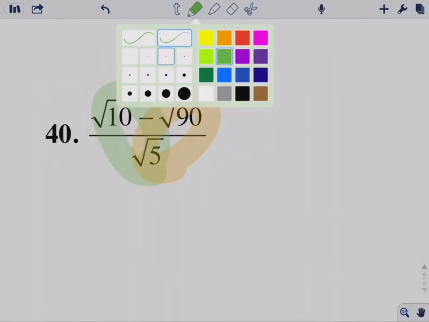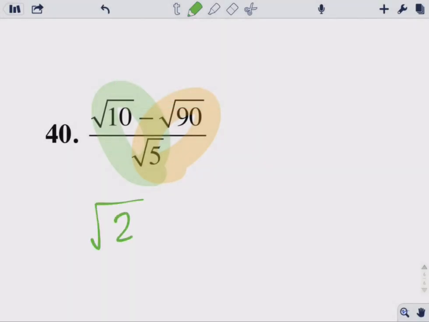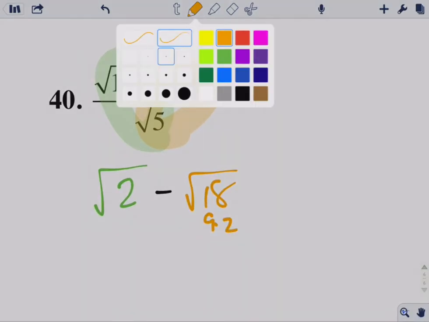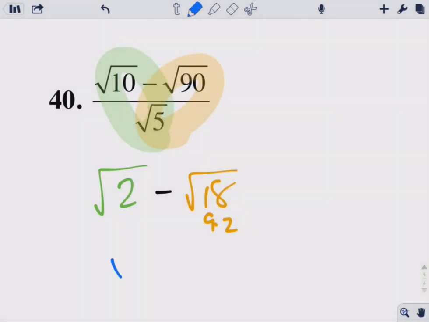And so I get square root of 2 minus 90 divided by 5 is the square root of 18. Well, I can simplify that. That's 9 times 2. So I've got the square root of 2 minus 3 root 2.